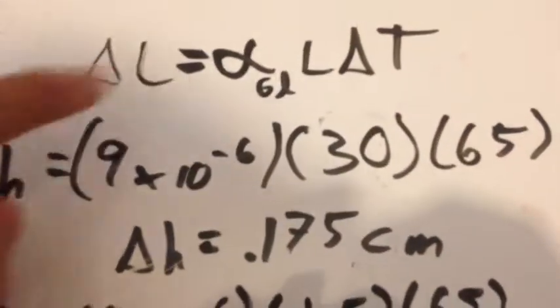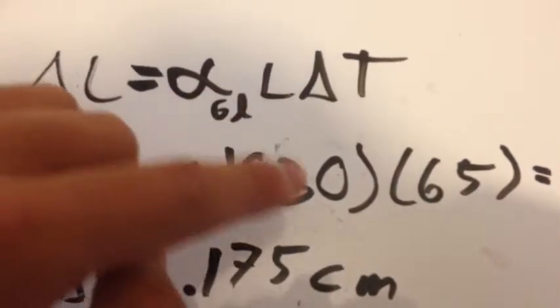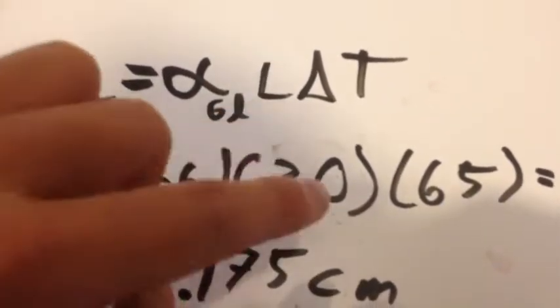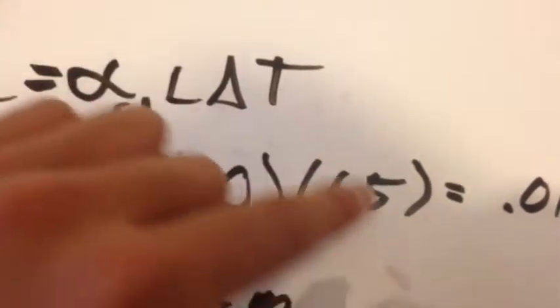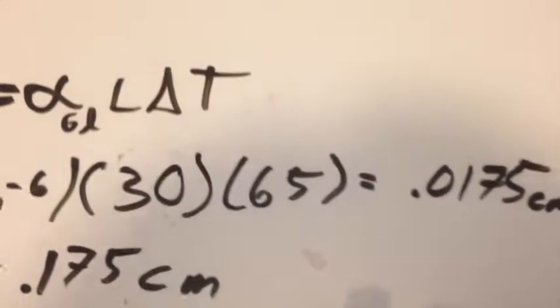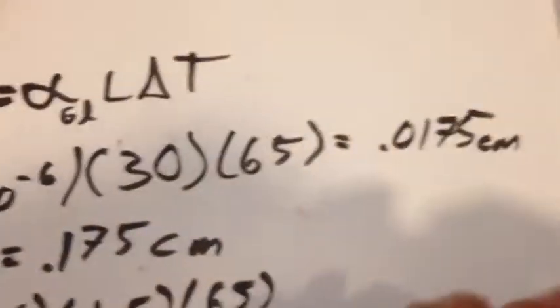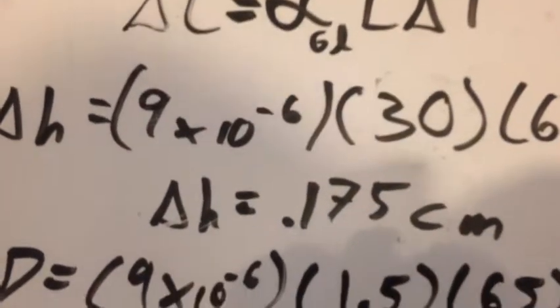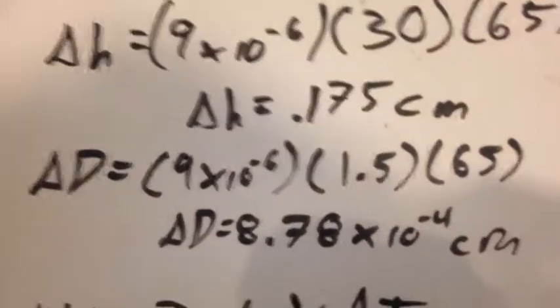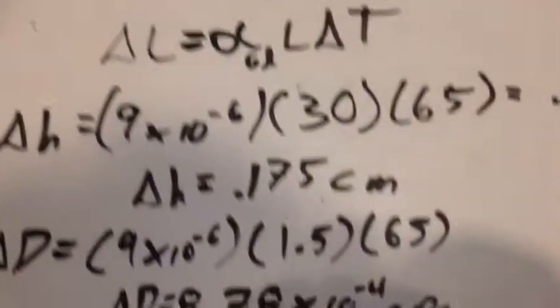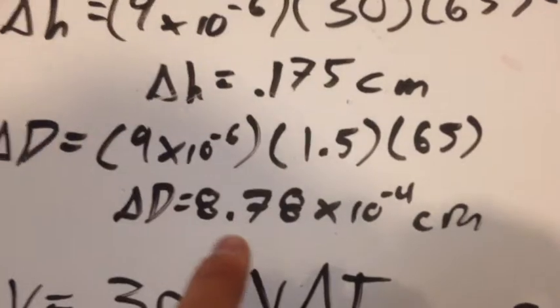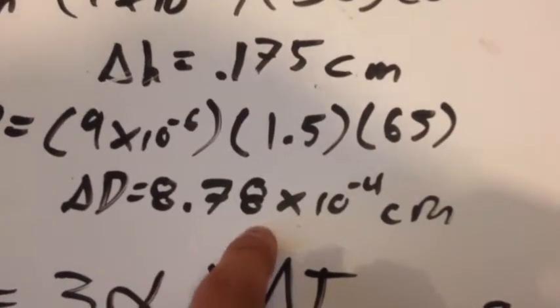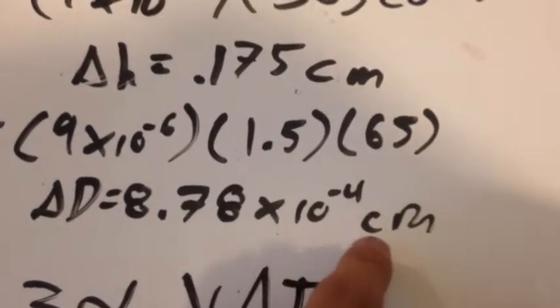We have the coefficient of expansion, the initial length, and our delta T. We calculate it and convert it to centimeters, which would be 0.175 centimeters. We do exactly the same thing, but with the initial distance of the diameter, and this would give us a value of 8.78 × 10^-4 centimeters.